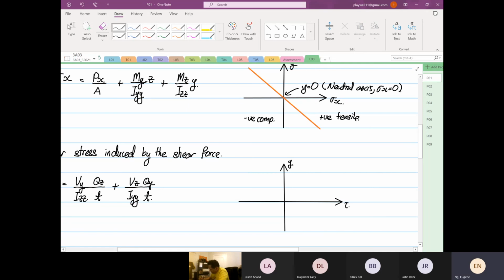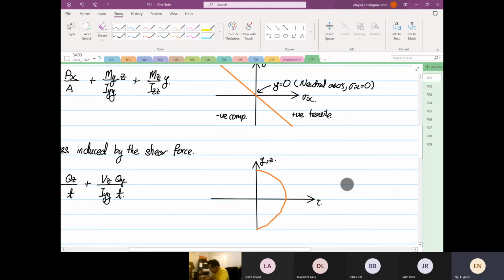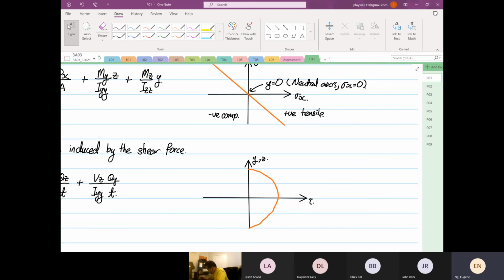This can be y or z. The shear stress profile is different from the normal stress. You will have a parabolic effect, and at the neutral axis, oh, I should have drawn this better. I do apologize.